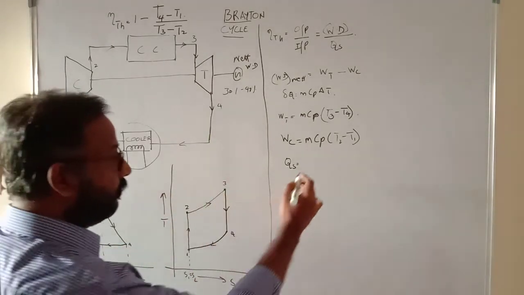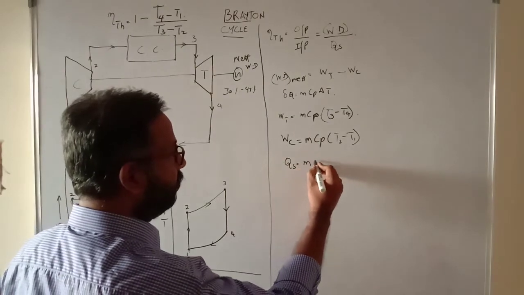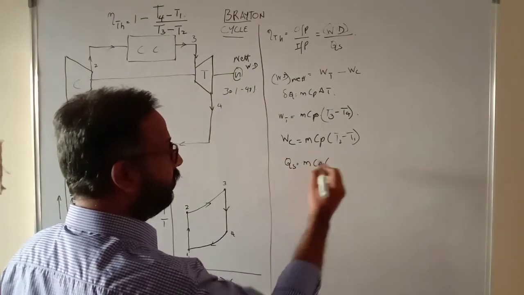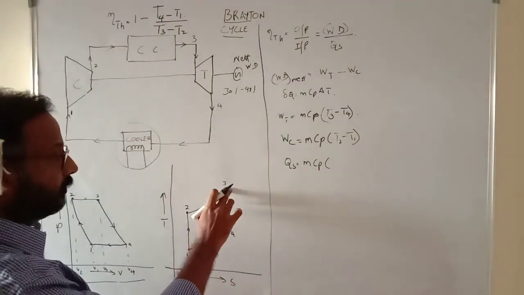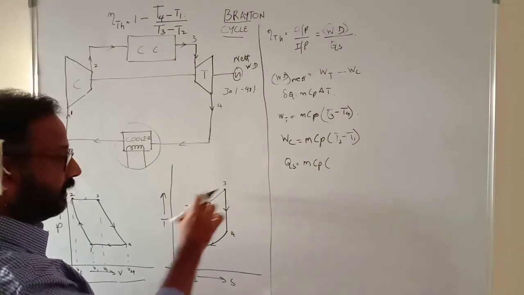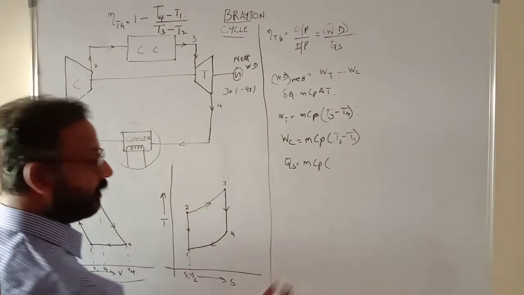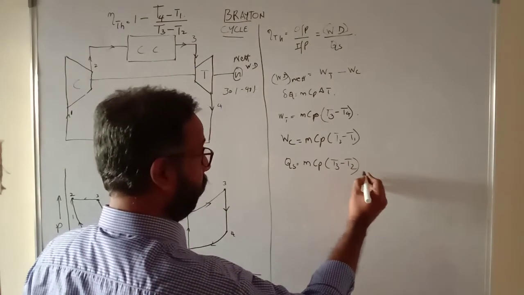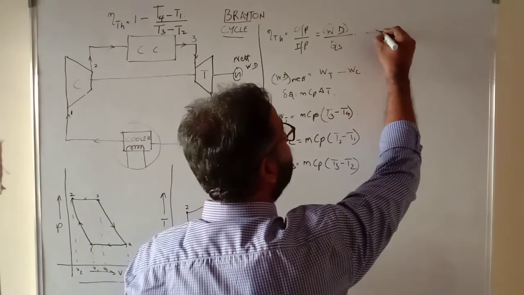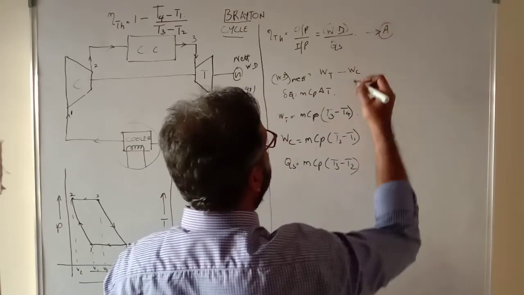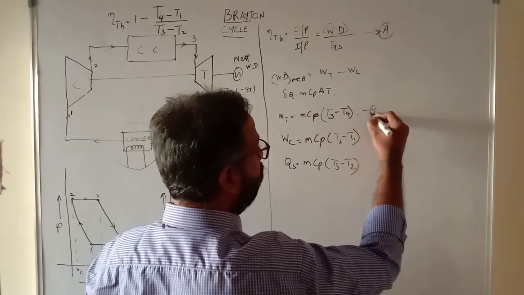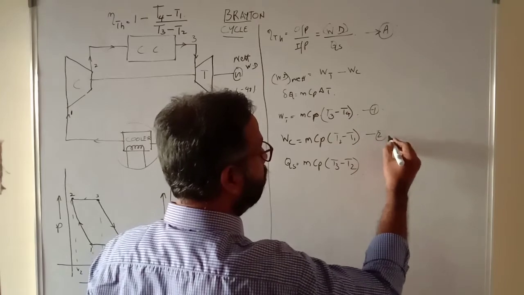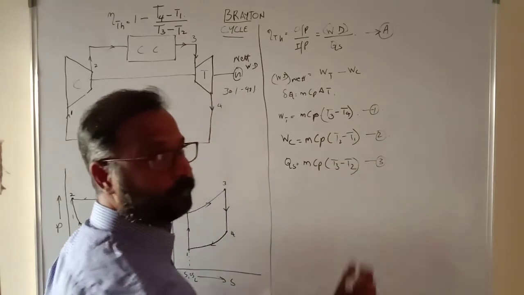The heat is also being supplied at constant pressure, so MCP into the difference, T3 being higher than T2. We'll take these two temperatures and write it as T3 minus T2. We'll keep this as equation A. These we'll keep as equations 1, 2 and 3.